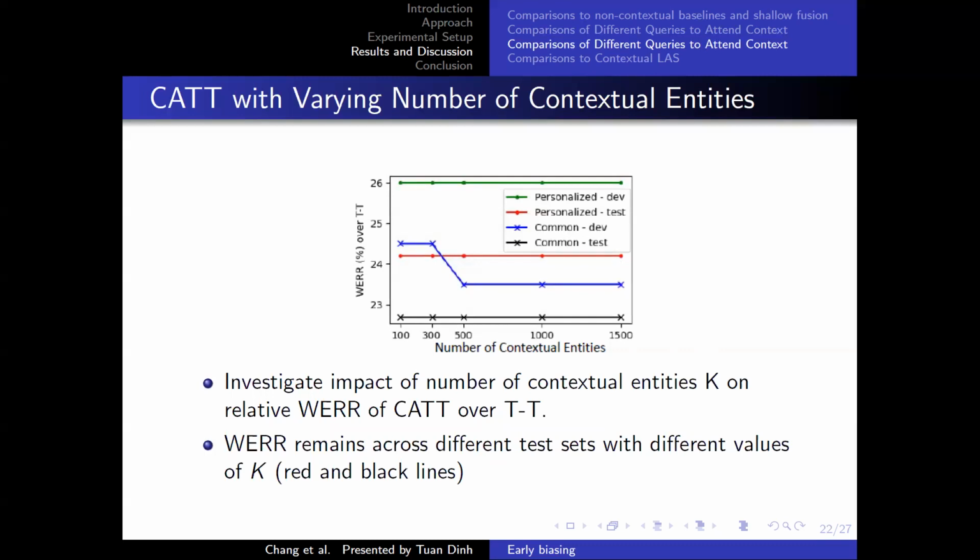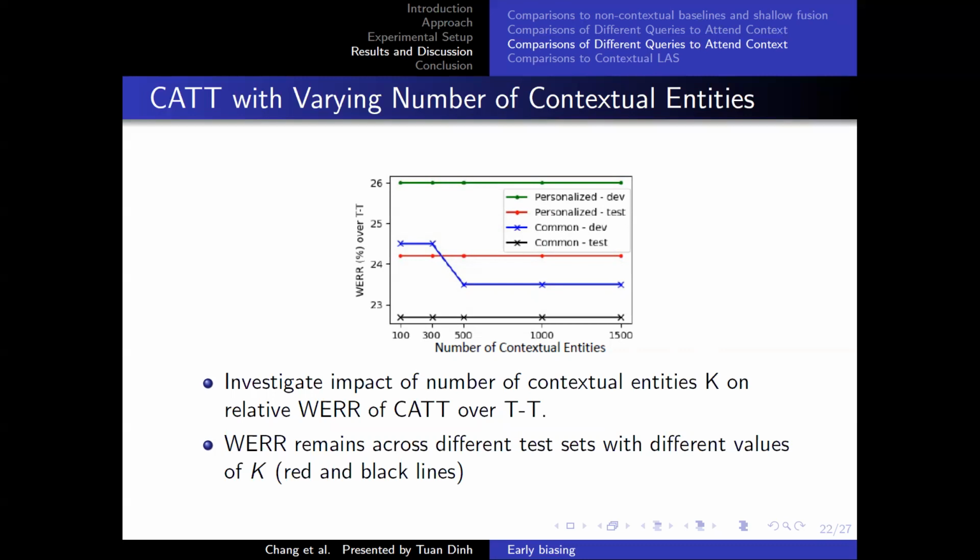In the third evaluation, the authors investigated the impact of the number of contextual entities K. The figure shows the word error rate reduction on the y-axis over the transformer transducer.